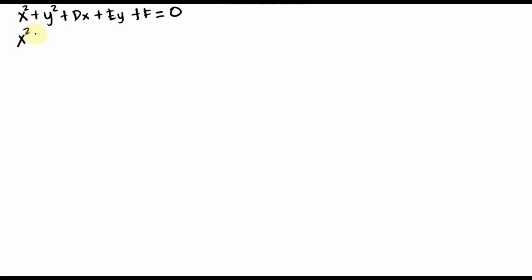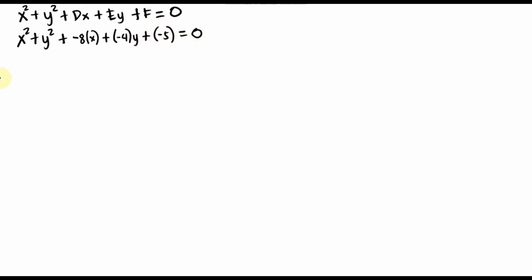So x squared plus y squared plus, anong value ng d kanina? That is negative 8 times x plus value ng e is negative 4 times y plus value ng f is negative 5 equals 0.